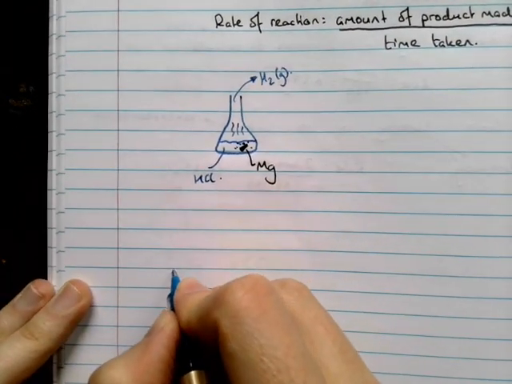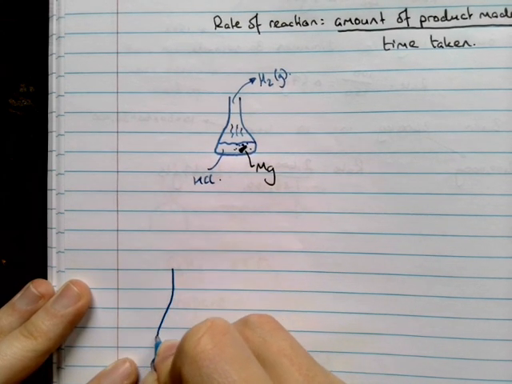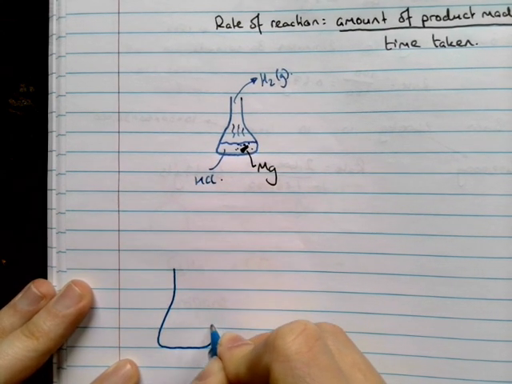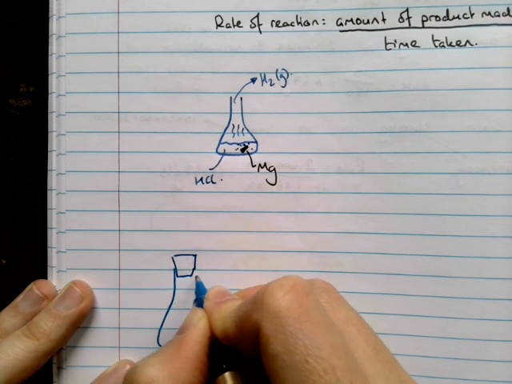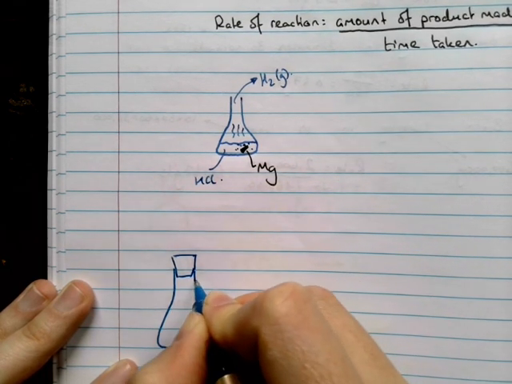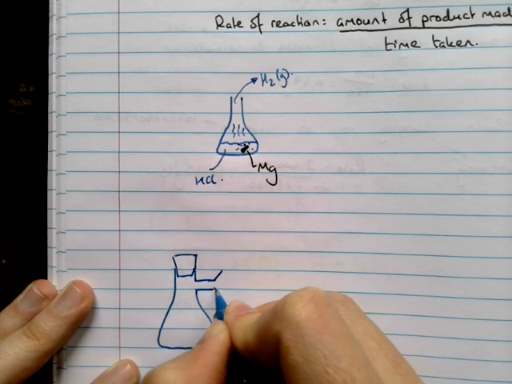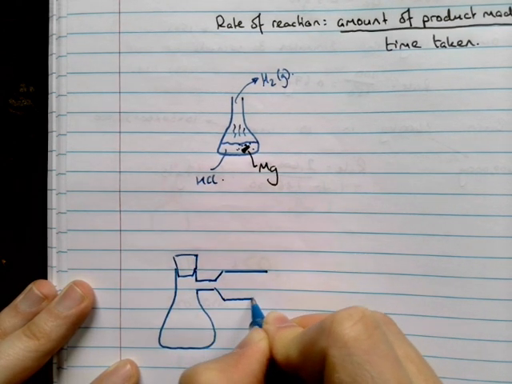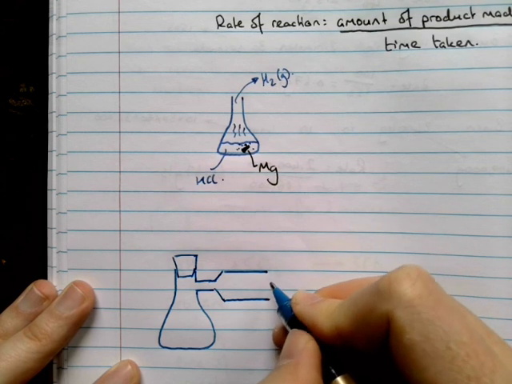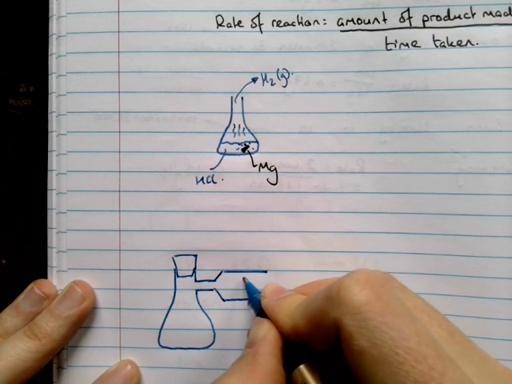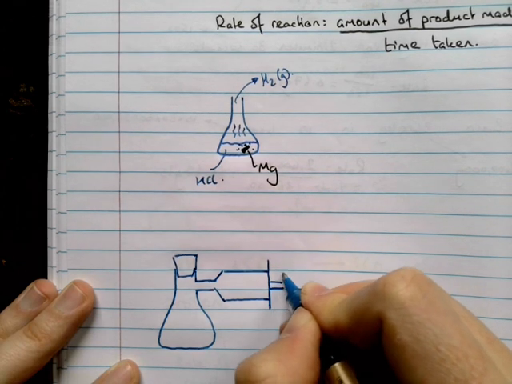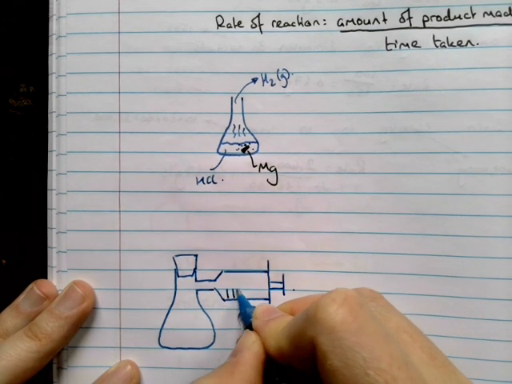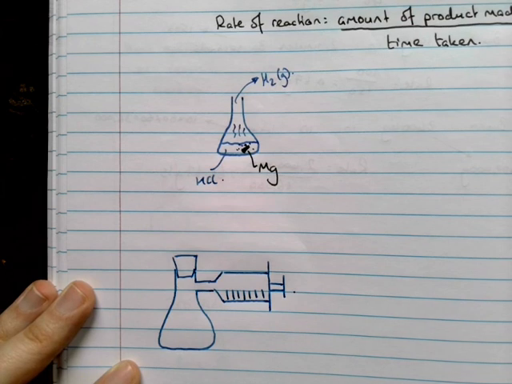So you need to have a sketch. It doesn't need to be very artistic, but it just needs to be a small diagram. It looks like this. You need to have a stopper there to stop any gas going anywhere else, and your sidearm, and then your syringe. If it looks like this, it's fine. And it has to have graduations on it.